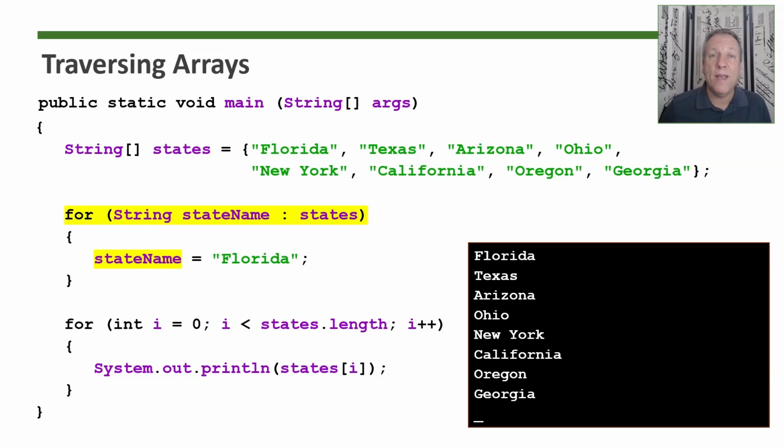I'm not actually making changes to the array itself. So that's another limitation of a for each loop. However, if you just want to traverse through an entire data structure from the beginning all the way to the end, accessing each element one at a time, boy, an enhanced for loop is really efficient because it's less code and less error prone as well.